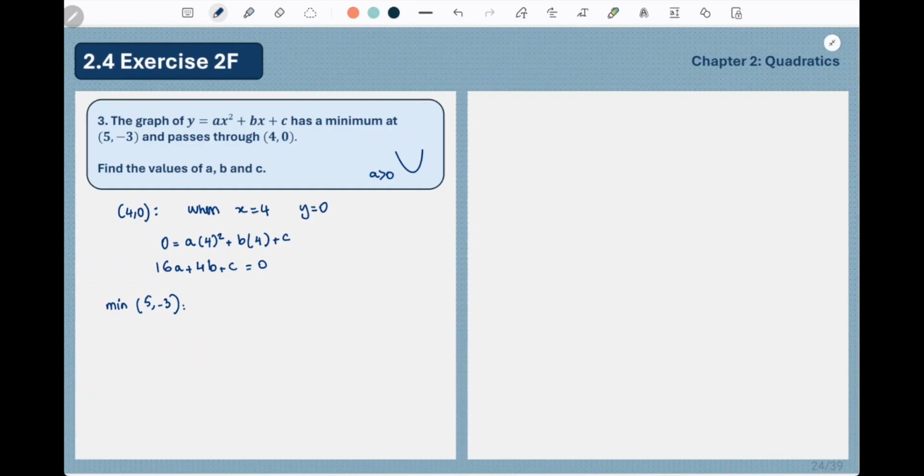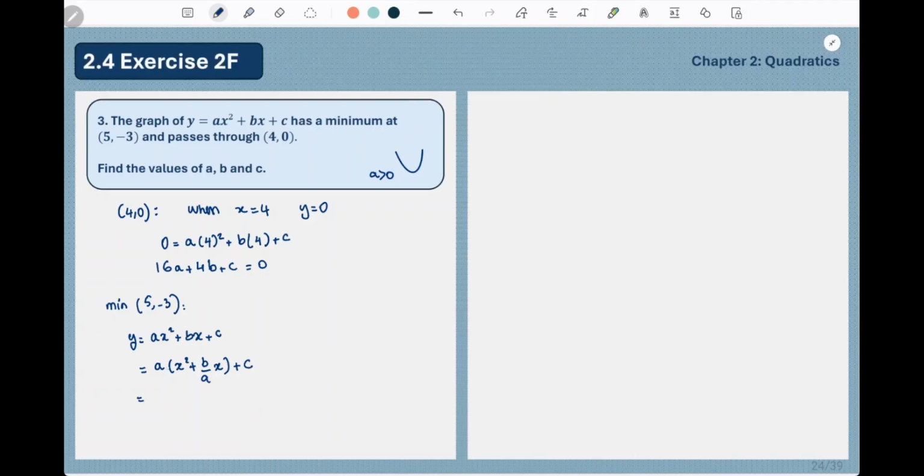So how did we find the minimum point last time? By completing the square. So I'm going to complete the square for this equation. So we have y equals ax squared plus bx plus c. If we complete the square, it's going to be a times (x squared plus b over a x) plus c.